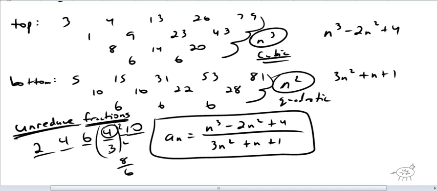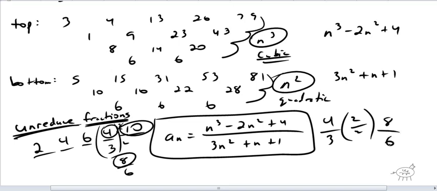Now it's 2, 4, 6, 8, 10, and the numbers work out nicely. So sometimes you have to multiply to unreduce the fraction. In this case it was 4/3, and I multiplied it by 2 over 2, because multiplying by 2 over 2 doesn't change it. It just makes it 8 over 6 to give me an appropriate sequence for the top. So that's kind of the scoop.